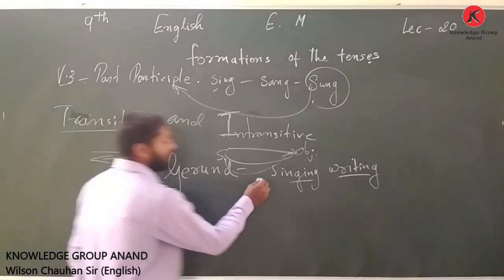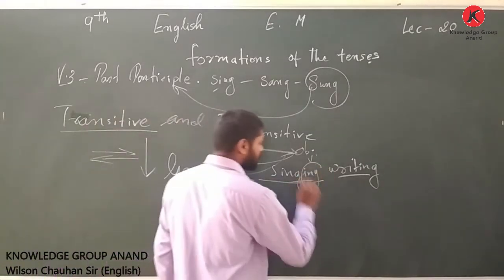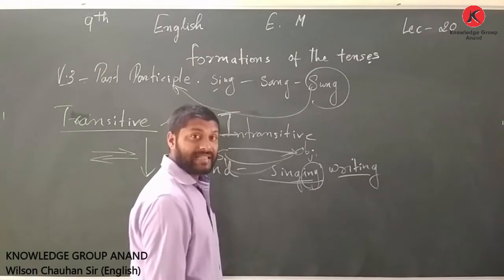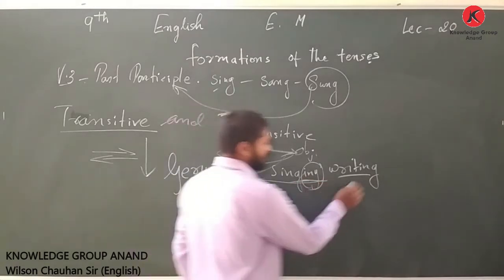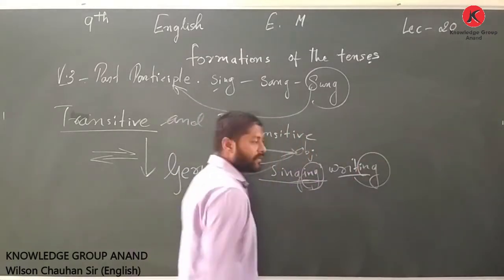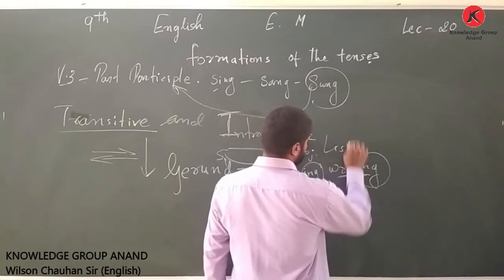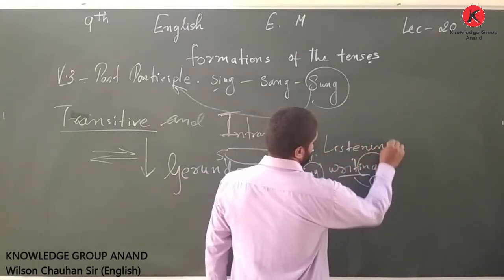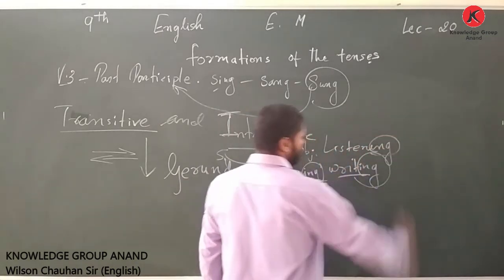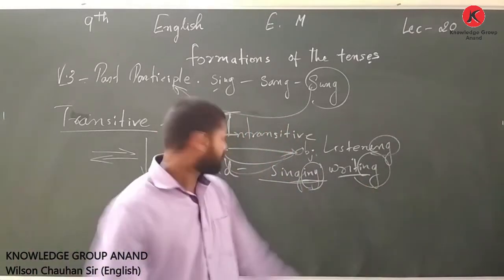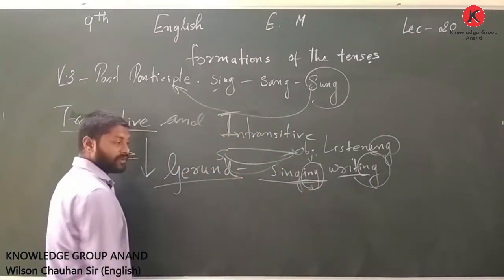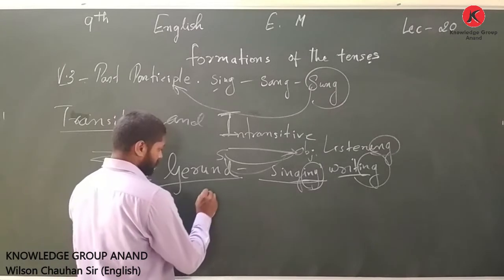So any verb which has got sing-ing or ing as suffix, okay, or for listening. So again, okay. Take for an example, I will prepare an example for you. Okay.